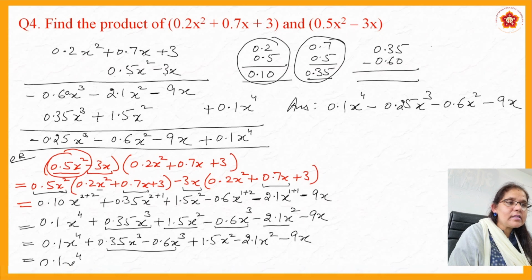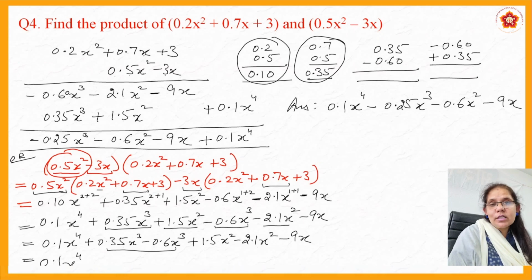Can I write it like this? Why am I writing it like this? Because it is easier to subtract 35 from 60.